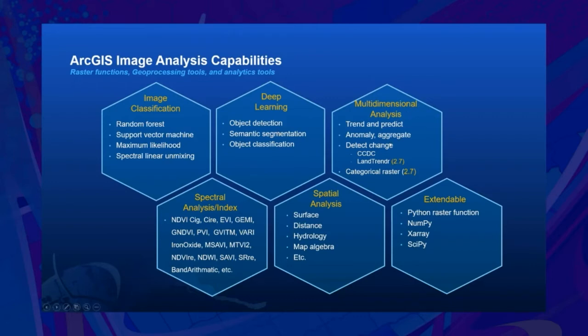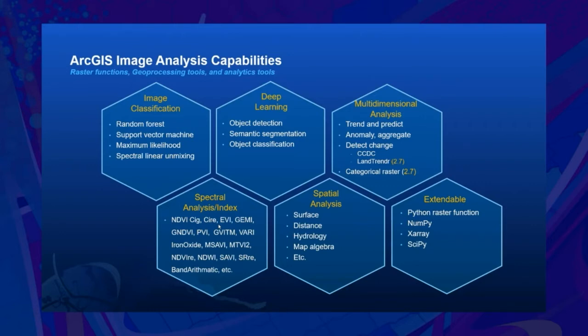There are many multidimensional analysis tools for analyzing time series imagery, such as trend analysis and change detection of time series imagery. There are rich spectral index calculation algorithms, NDVI, NDWI, and so on. The list in the slide is only a small portion, and you can do custom index calculation using band arithmetic function as well.